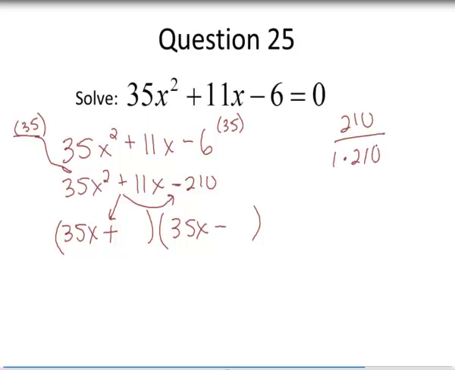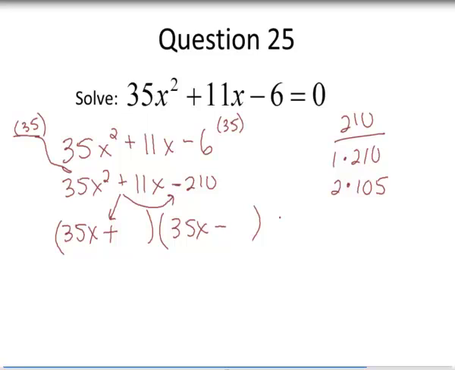That won't subtract to 11, right? 2 and 15. Okay. 2 and 15 actually don't work. Nope. Let's go back. 2 and 105. I'm glad we found the eraser. Okay. That won't work though.